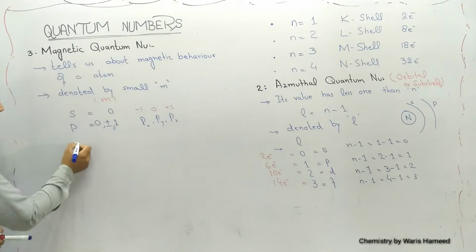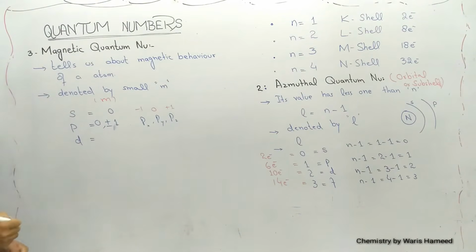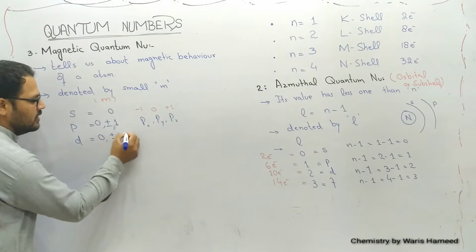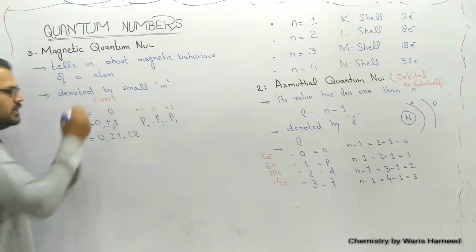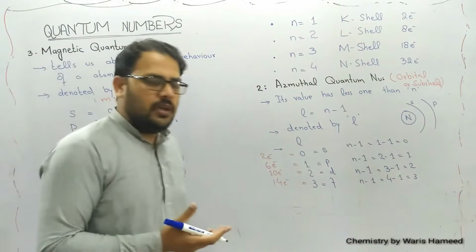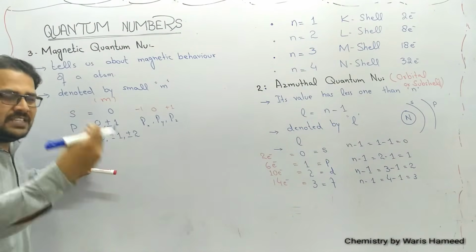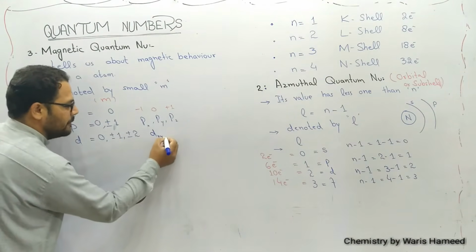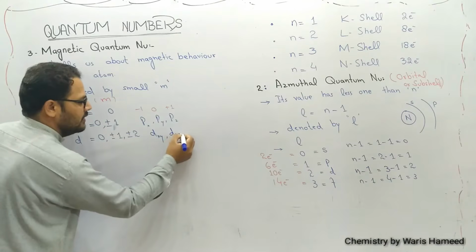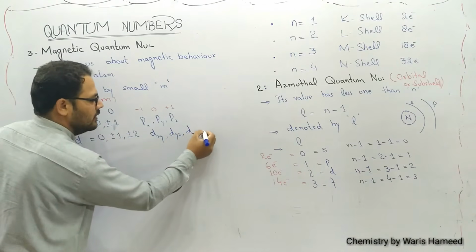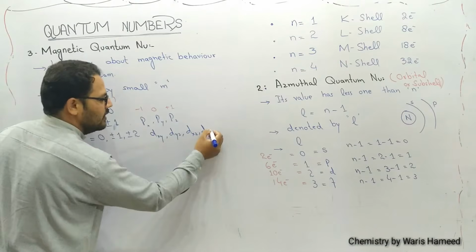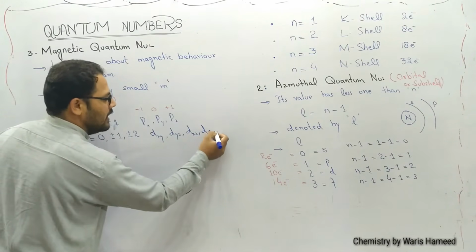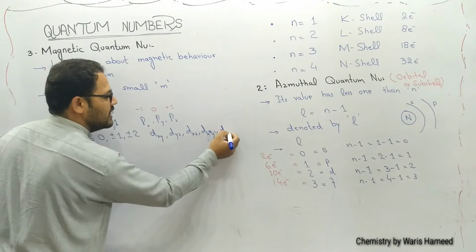If a D orbital is placed in a magnetic field, it will show 0, plus minus 1, plus minus 2. It will show 5 values, and it will have 5 degenerate orbitals, and those orbitals are dxy, dyz, dxz, dx square minus y square, and the last one dz square.